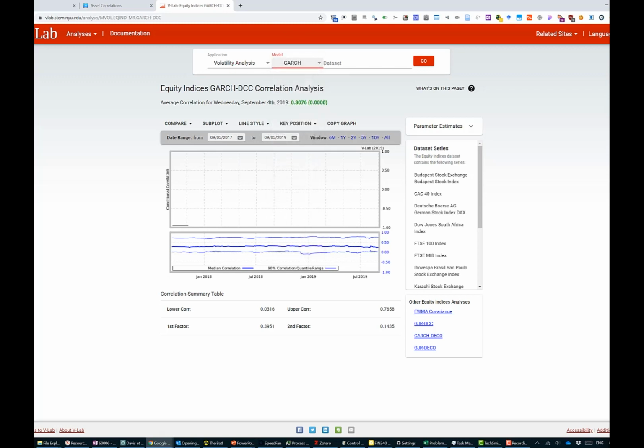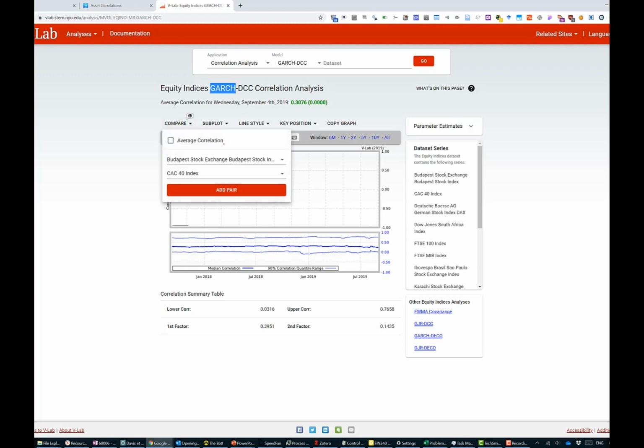Let's just click on correlation analysis. I'm going to choose Gauge DCC. That's something I used in one of my papers. It's dynamic conditional correlations, and Gauge stands for quite a long series of words that just sounds like gibberish, so it's called just Gauge DCC.